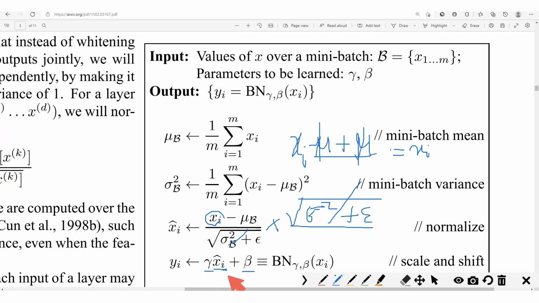So if we set our gamma to be this, and our beta to be the mean, then in that case we retrieve our original value of x. And that's why these two parameters are trainable, such that we get the most optimal values for gamma and beta.